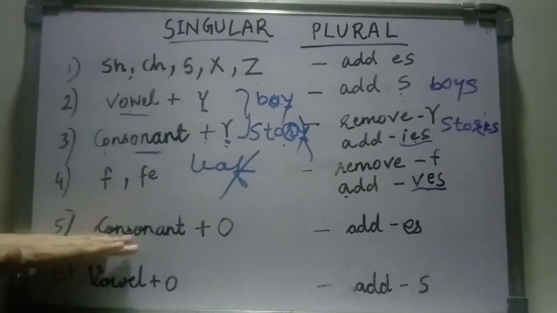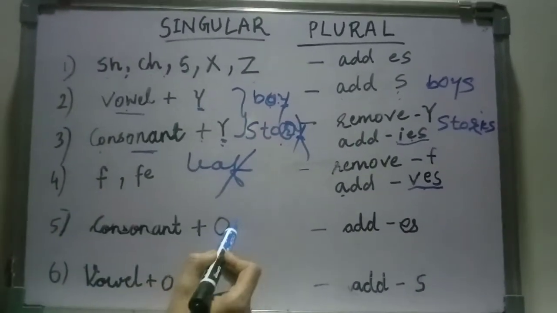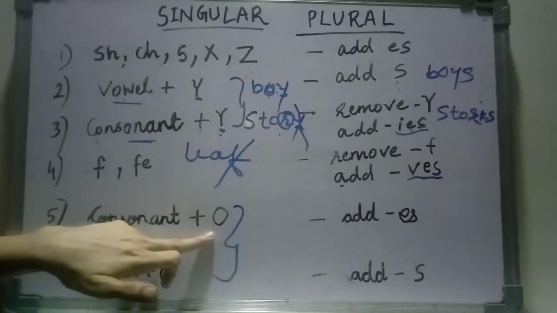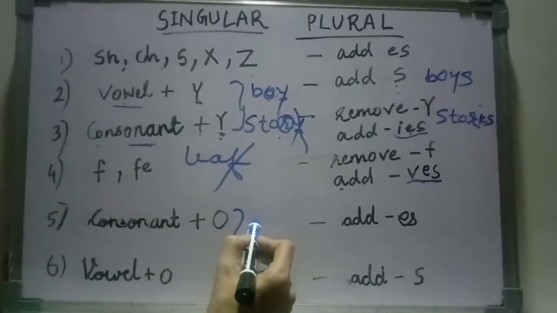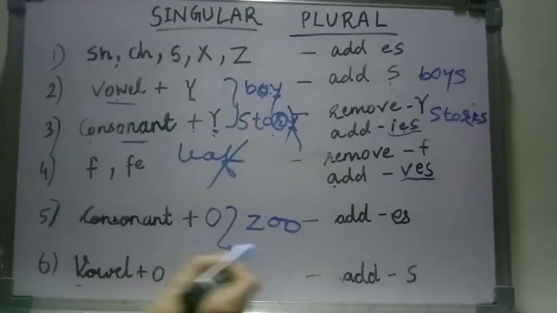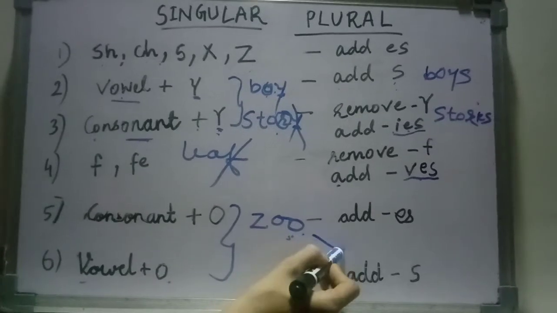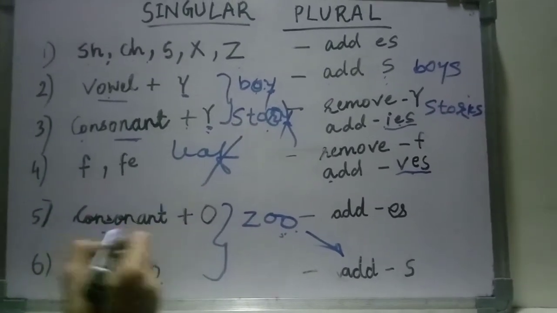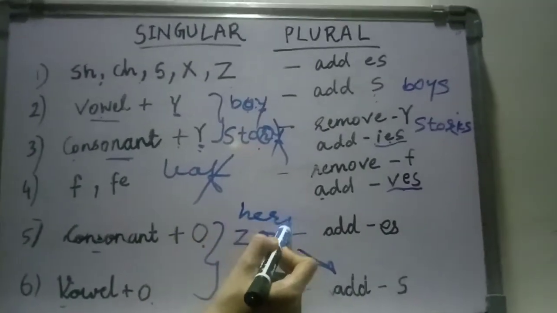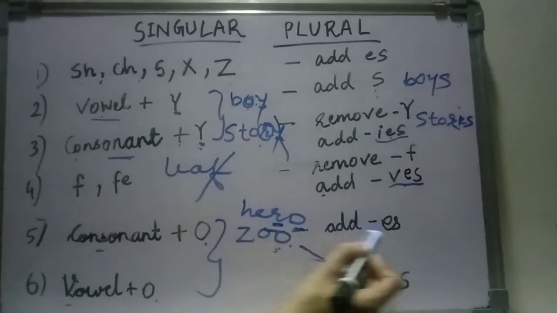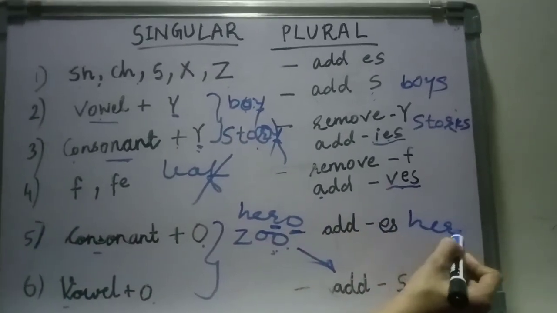Now, if it is a consonant plus O, again this is a combined rule. If a word ends with O, like zoo, this is vowel plus O, so you add S to it. If it is consonant plus O, like hero, here before O there is a consonant, so you add ES to that word.